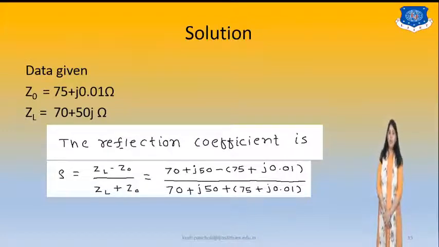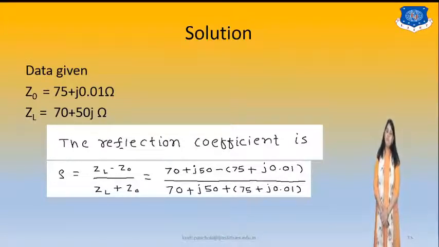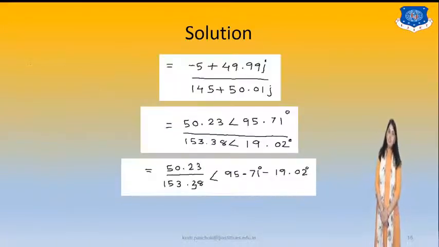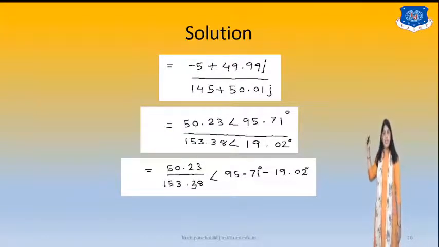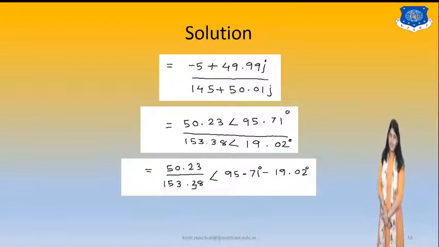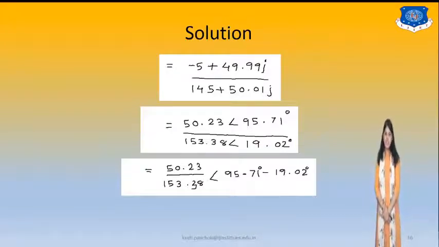By putting in the values, it is 70 plus j50 minus (75 plus j0.01) upon 70 plus j50 plus 75 plus j0.01, which equals minus 5 plus j49.99 upon 145 plus j50.01. Converting from rectangular to polar, we write it as 50.23 angle 95.71 upon 153.38 angle 19.02.